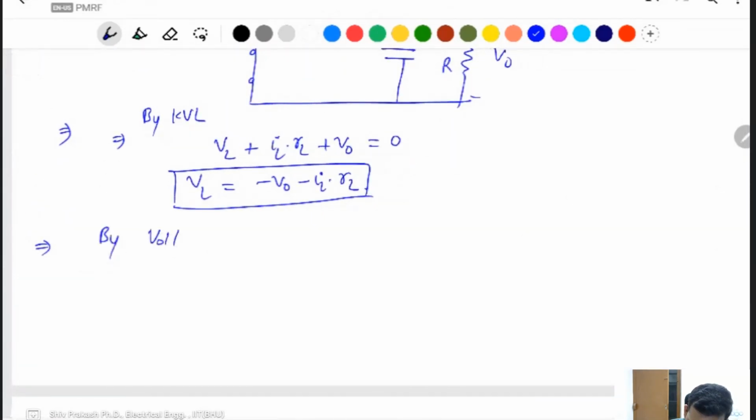By the volt-second balance equation, VL into T on plus VL into T off is equal to 0.